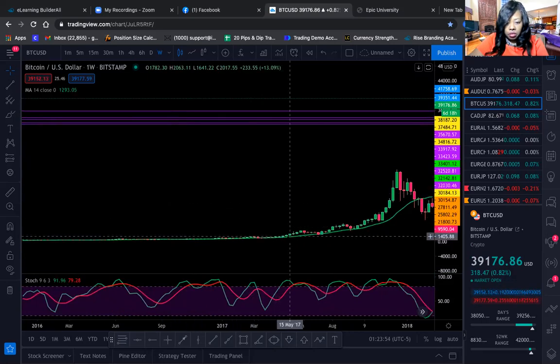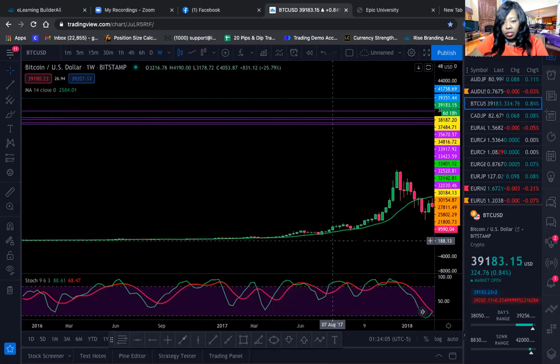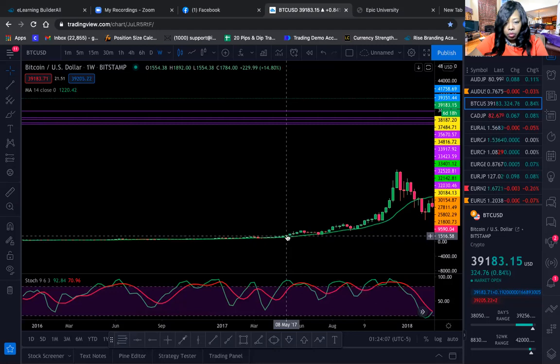What year is this? This is May 2017. We're seeing a little bit of action right here, right? You can see price at that point went up from $1,000 all the way up to $1,800 May 8th of 2017.